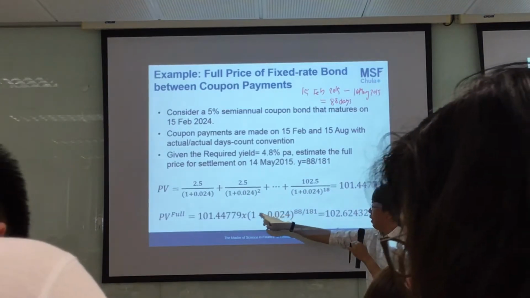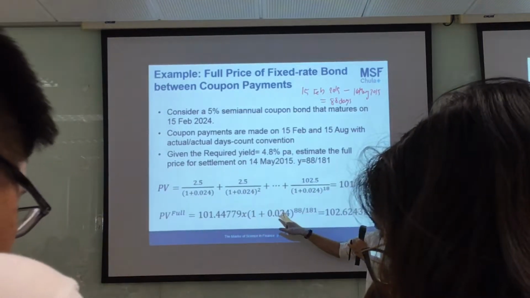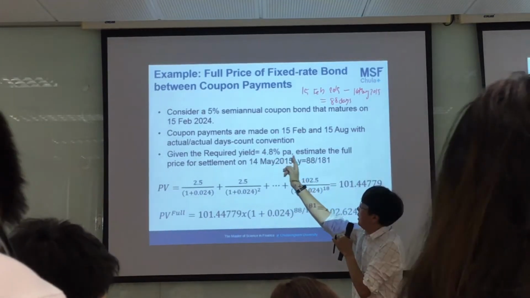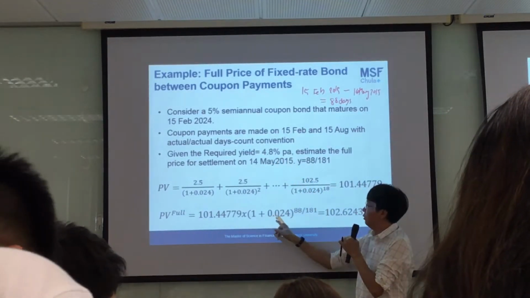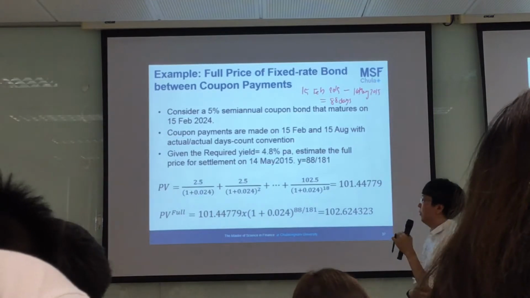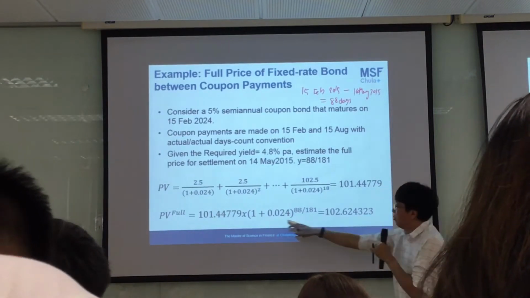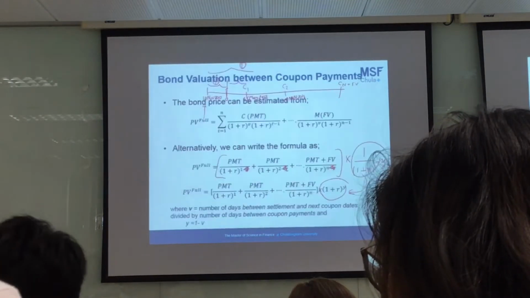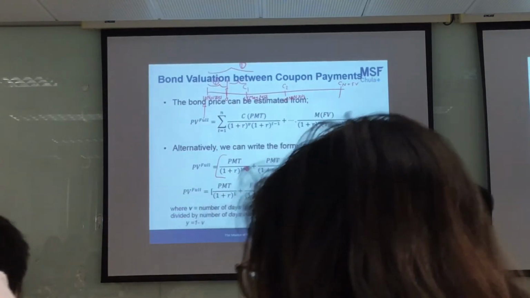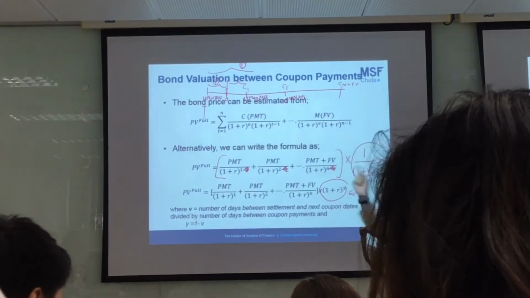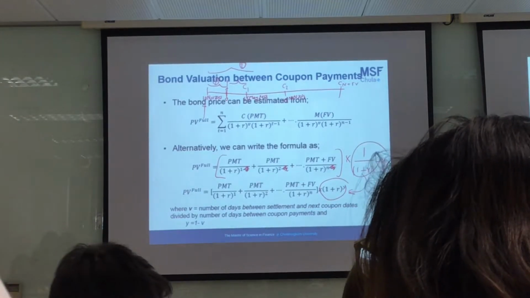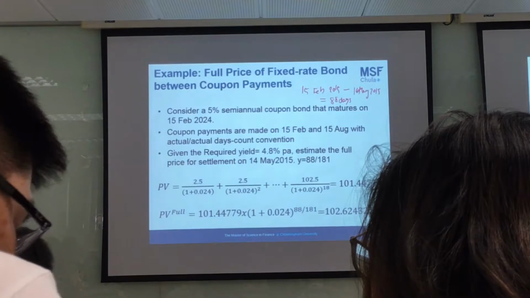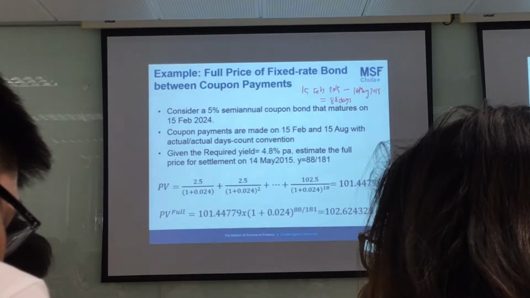Multiply by 1 plus the yield per 6 months, which is, this is per annum, 4.8 divided by 2, so 2.4%. By multiplying this term, you get the price at 14 May. So this is the price at 14 May.